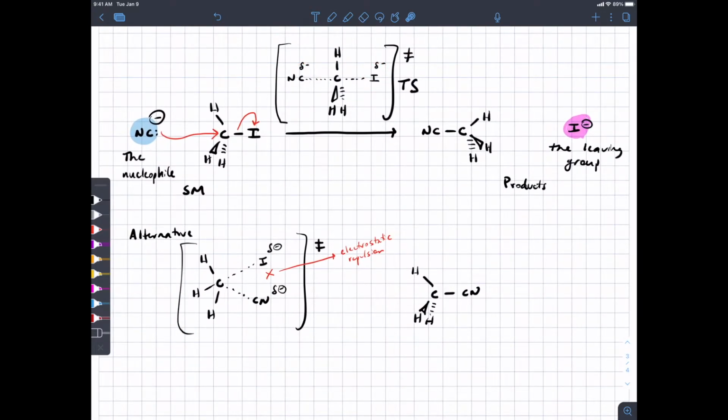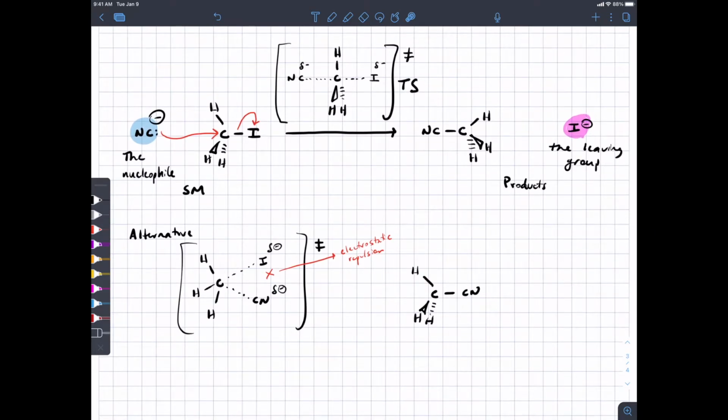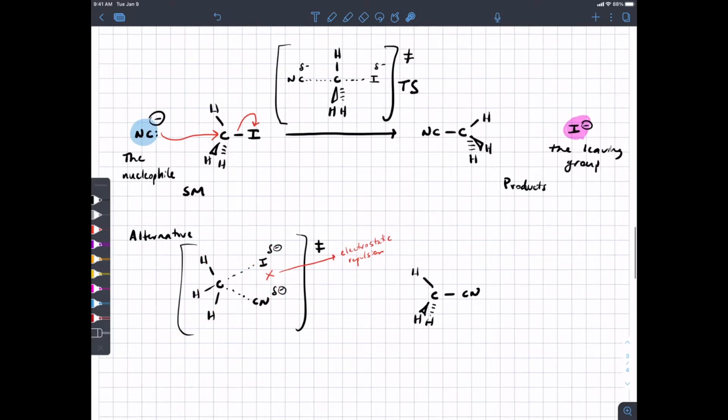And yes, you can calculate transition state energies. I won't tell you what the answer is. Well, I guess you can figure it out because that's the one I drew first. But yeah, you could do the calculations and verify that this transition state is lower in energy than this alternative.